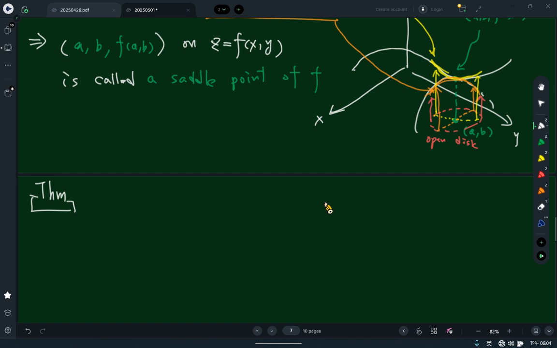extreme value. We call it the second derivative test for local extreme values.